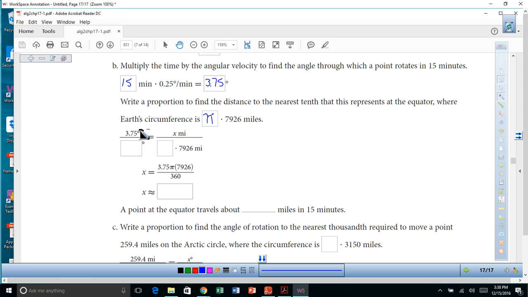So 3.75 over 360 degrees is x over pi times 7,926. We put that in the calculator and that's going to be 259.4. So a point at the equator travels about 259.4 miles in 15 minutes.